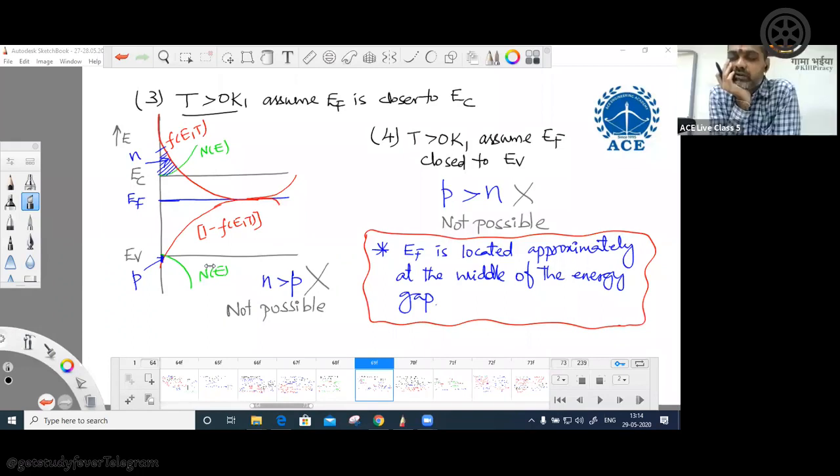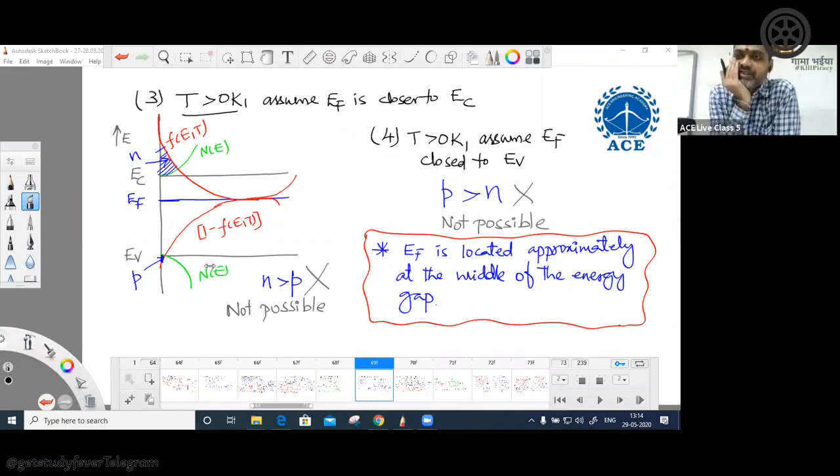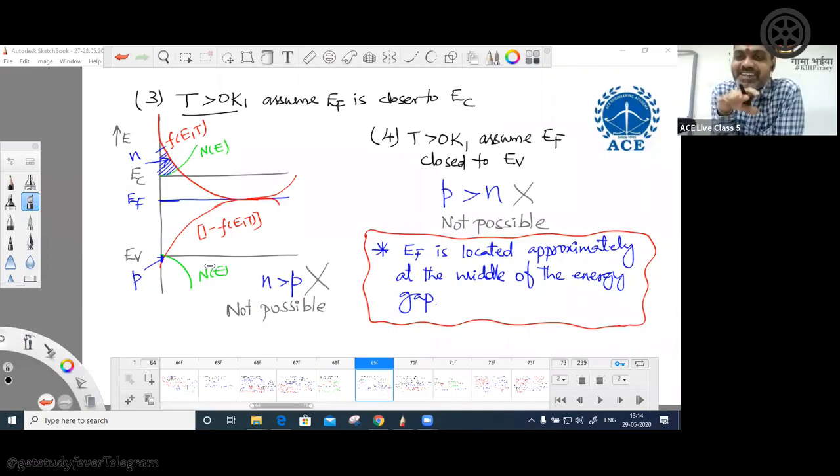I will come to your point only. If probability is 0.5, can you say the electron is going to be present? Answer my question first. Can I say the electron is present? Yes or no?